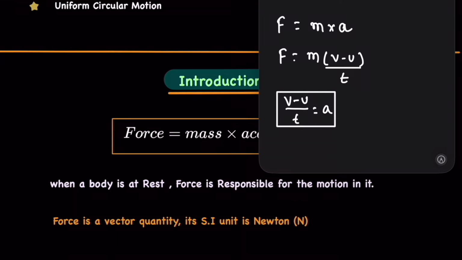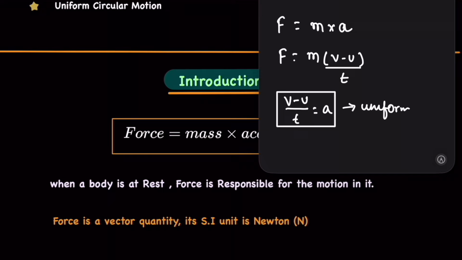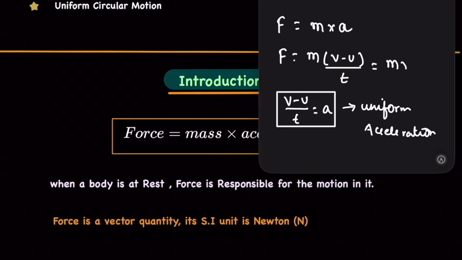We got this formula when the body has uniform acceleration. So if you substitute the value here, we will get m into a. So force is equal to mass into acceleration.